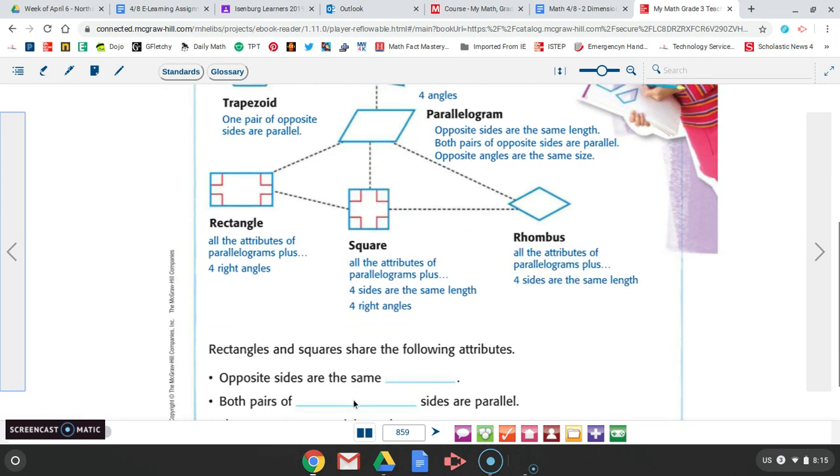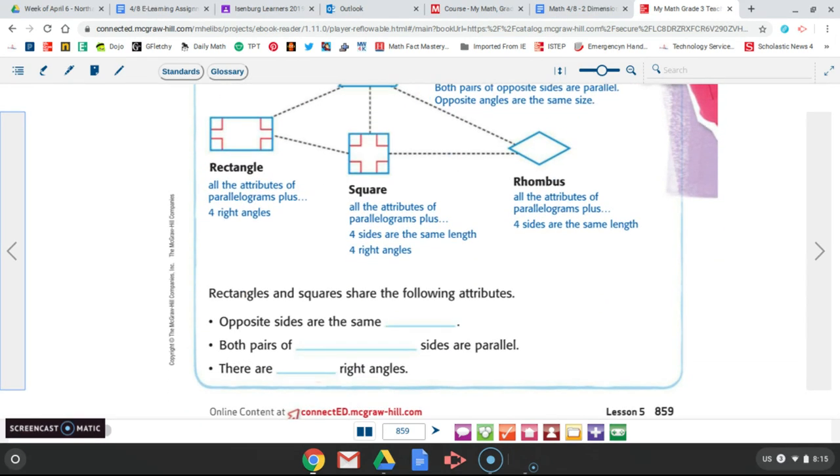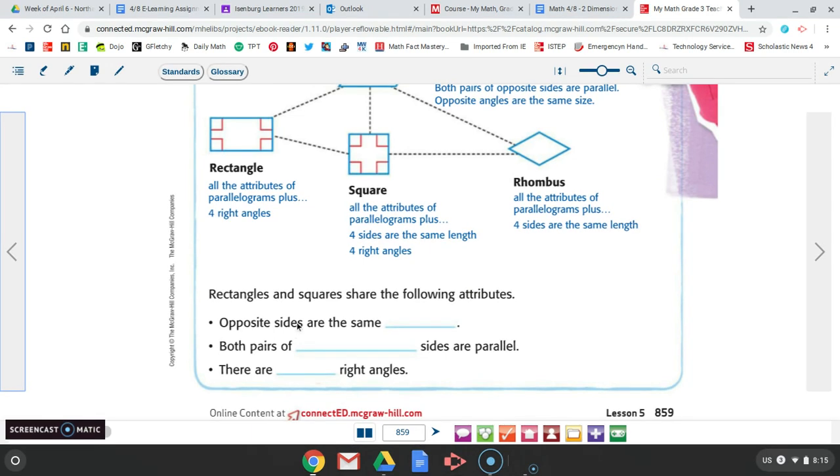Okay. All right. So rectangles and squares share the following attributes. Opposite sides are the same length, would go in this blank. Both pairs of blank sides are parallel. The opposite sides are parallel to each other. There are blank right angles. Well, a rectangle and square both have 4 right angles.